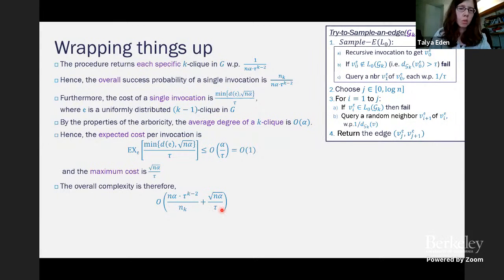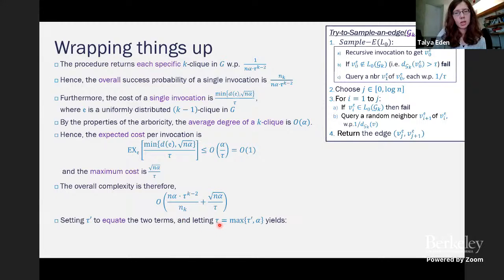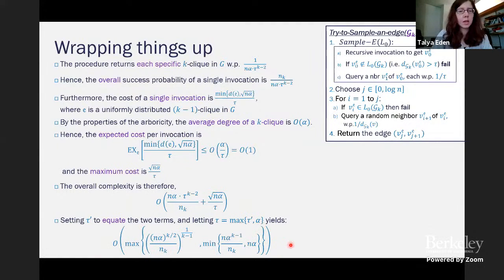So if I set tau to equate these two terms, I take tau to be the maximum between this and alpha, because I must have tau greater than alpha for the edge analysis to go through. I get this very terrible expression, but still it is the right expression.